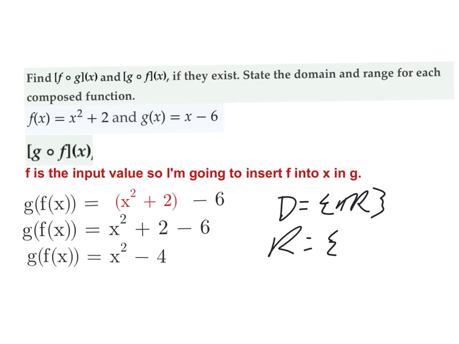Since I have a quadratic, that means I have a parabola, which means I either have a maximum or minimum value. This parabola opens up. Do you know what the minimum value is? -4. It can never be smaller than -4. It can be equal to -4, but it cannot be smaller. So the range is actually y greater than or equal to -4.